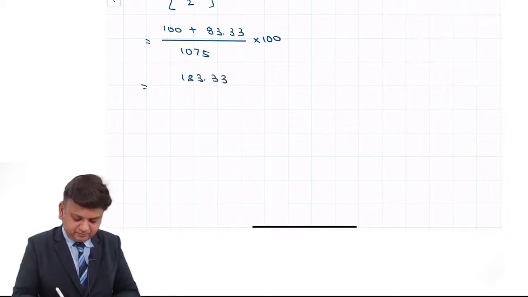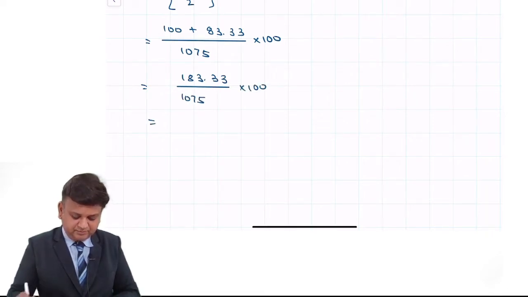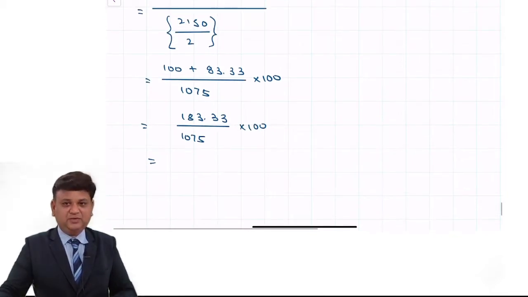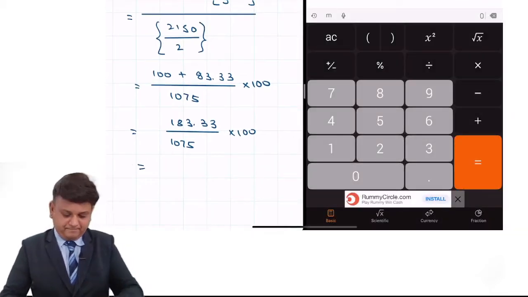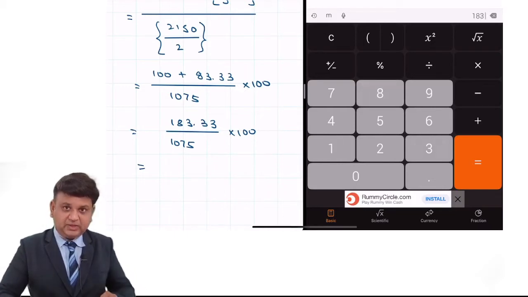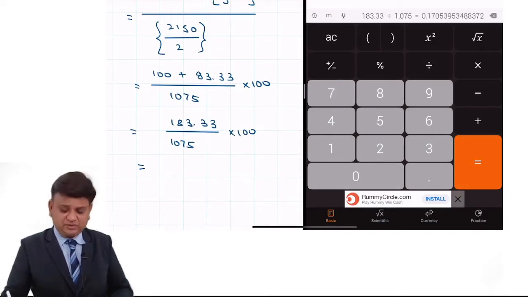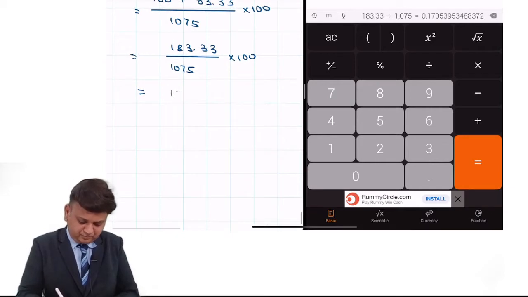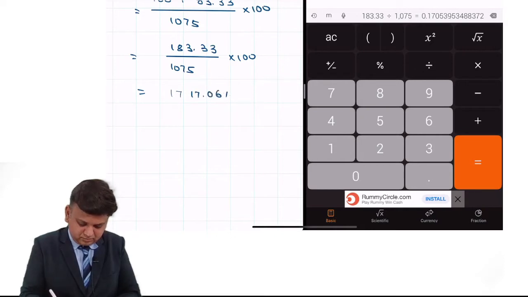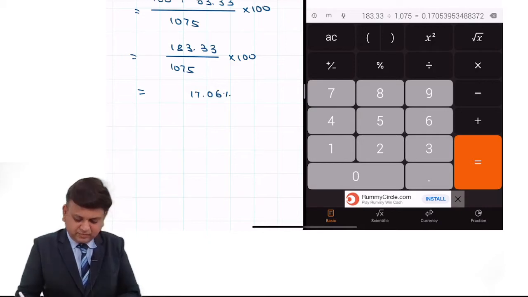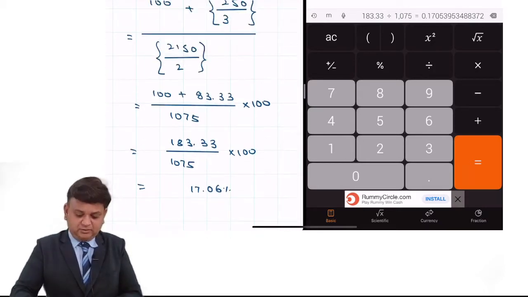So 183.33 divided by 1075 into 100. That is the way the return is found. So 183.33 divided by 1075 comes to 17.06%. This is the way the return is calculated.